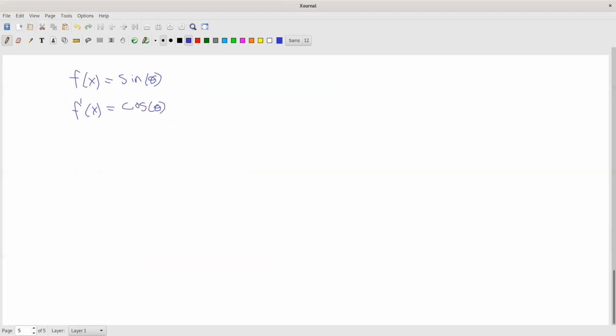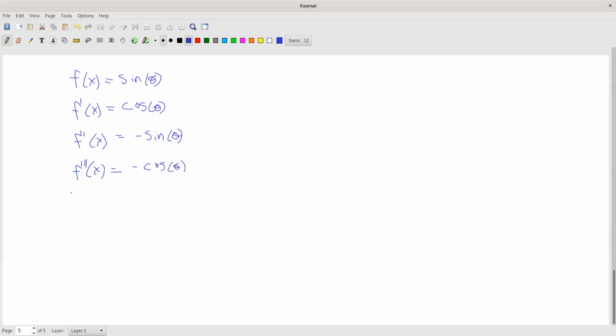And if we take the derivative of the cosine, that would be the second derivative of the sine, my original function. So f double prime, derivative of the cosine is the negative sine of theta. And if I just keep taking derivatives, so the third derivative of the sine, well, the derivative of the sine is the cosine, but we got that negative hanging up front. So it'll be negative cosine of theta.